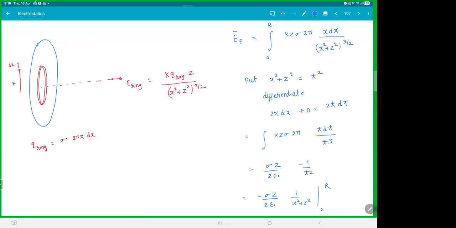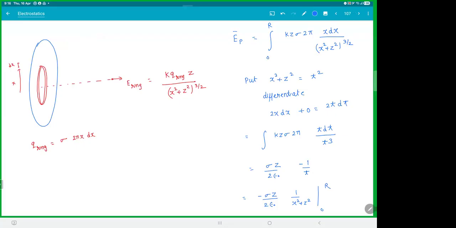So if you solve this, you will end up with the field at point P being sigma by 2 epsilon z. Put R there and put 0 there.